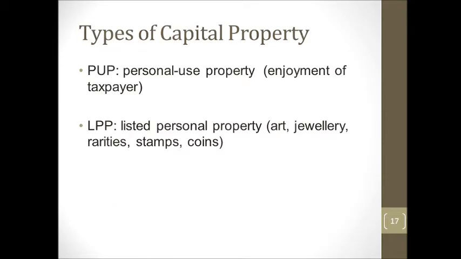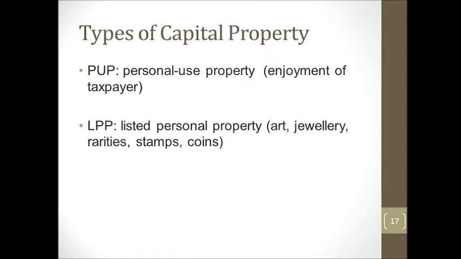On the next slide now, we're going to talk about two different types of capital property, and each one has a separate set of rules. One property category is called personal use property, which is basically property that is held by the taxpayer for personal use and enjoyment. The next category is called listed personal property, which is basically a subset of personal use property.